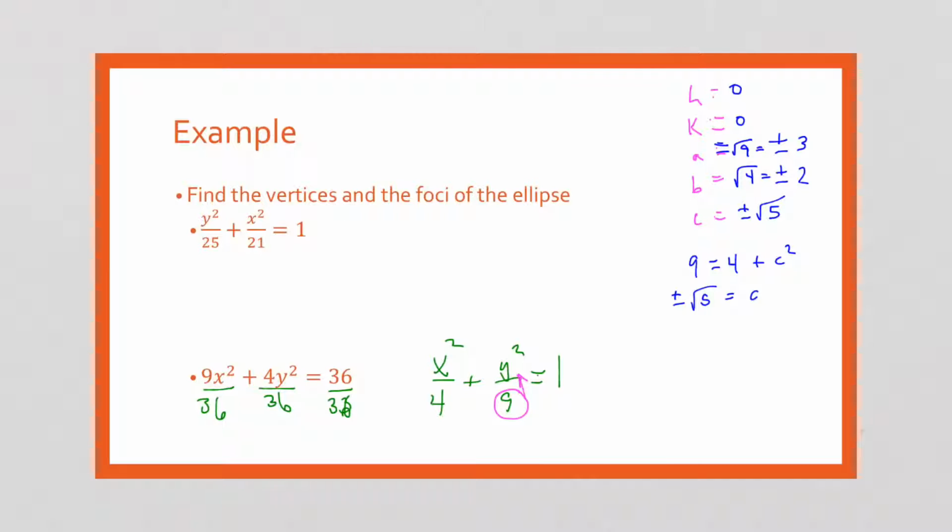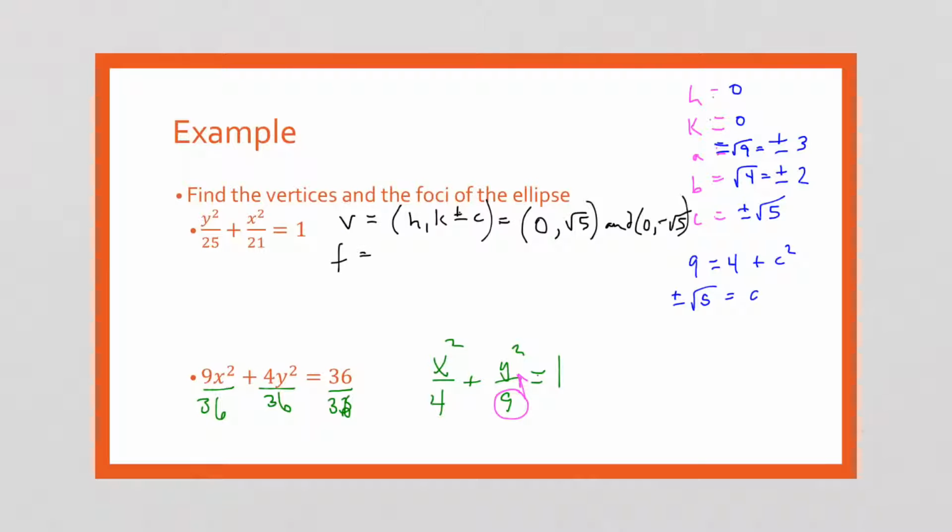So my vertex is h comma k plus or minus c, which equals, h and k were 0, so 0 comma c was square root of 5, and 0 negative square root of 5.